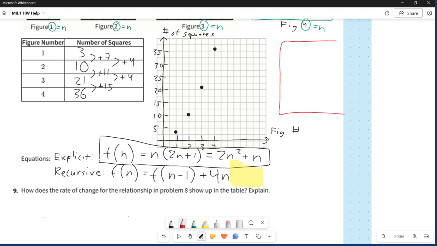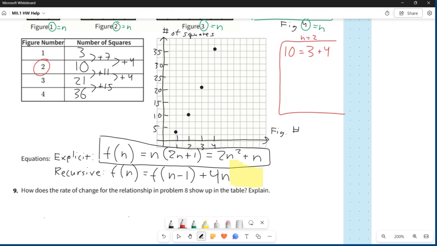I know that figure 2 has 10 squares in it. So that's f of 2. And my recursive formula says, take my previous figure, which is figure 1, which had 3 squares in it. I already know that I need to take my second difference, which was 4, and I need to multiply by n. Now remember, we're talking about figure 2 here. So therefore, in this situation, n is 2.